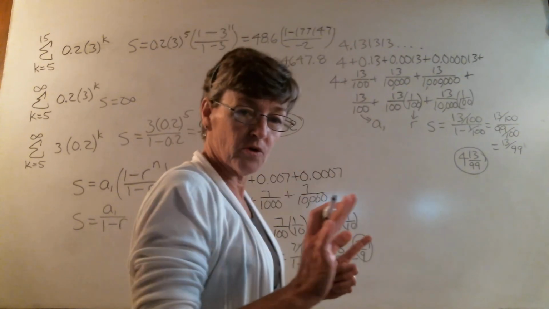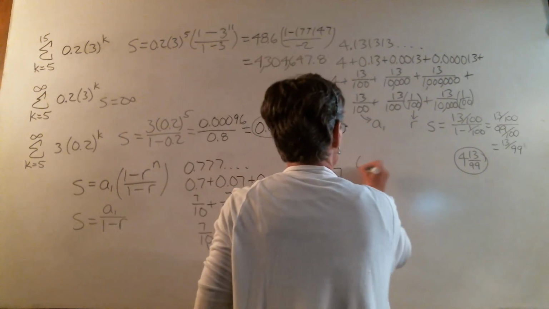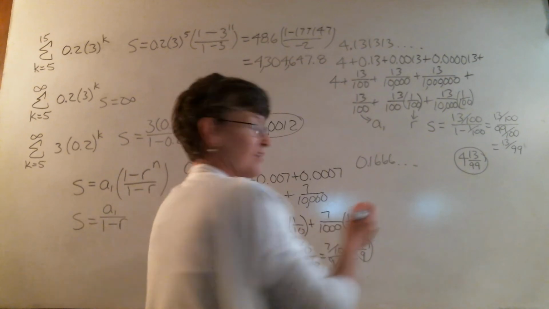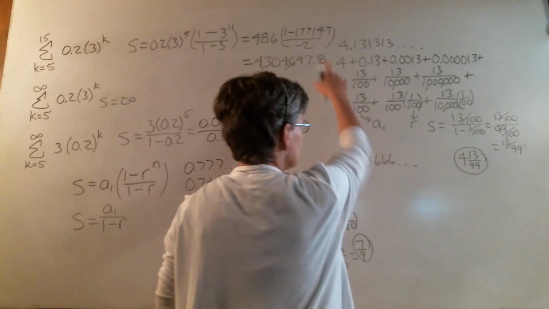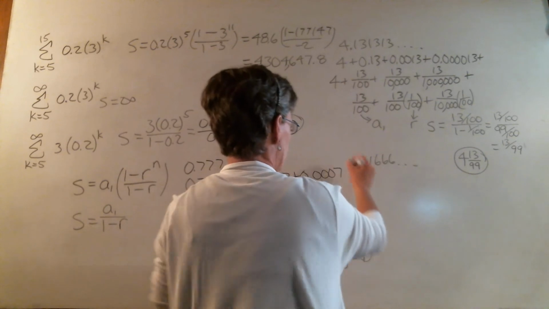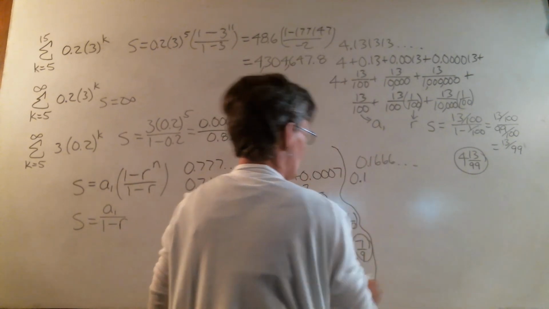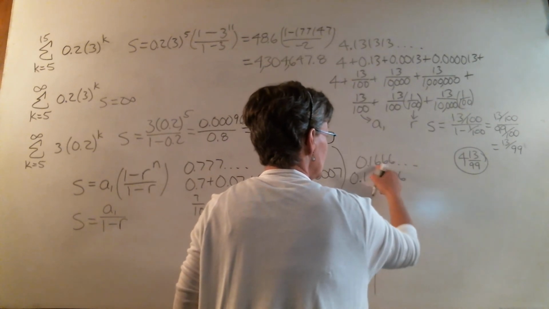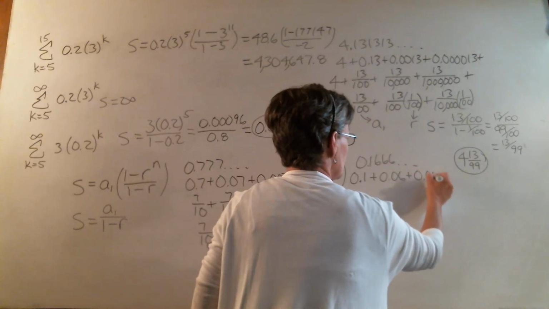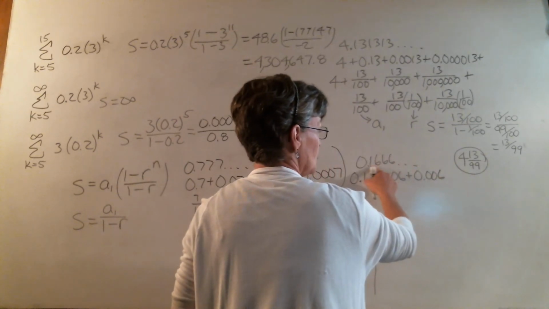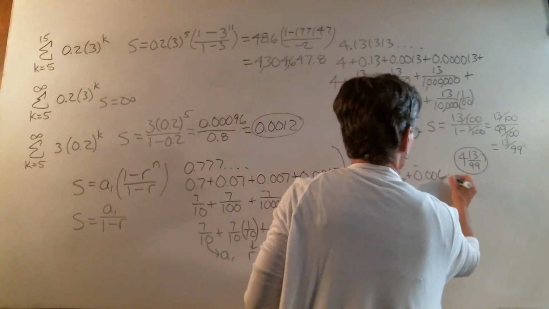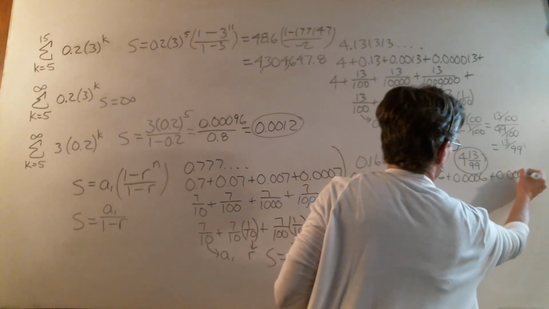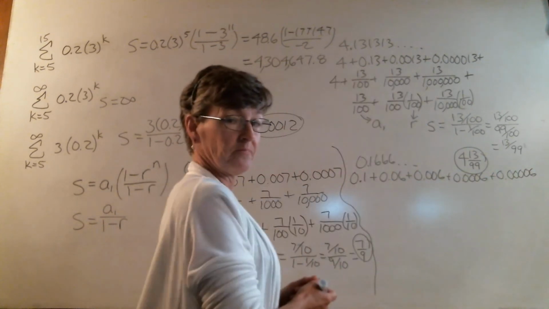All right, let's do one more. Let's do the number 0.1666, and so on. So when I rewrite this, 0.1 is just kind of a spectator part of the problem. And then the 6s, I've got 0.06, plus 0.006, so 0, 0 for the 2 places in front of it, plus 0.0006, and so forth, and it just keeps going.